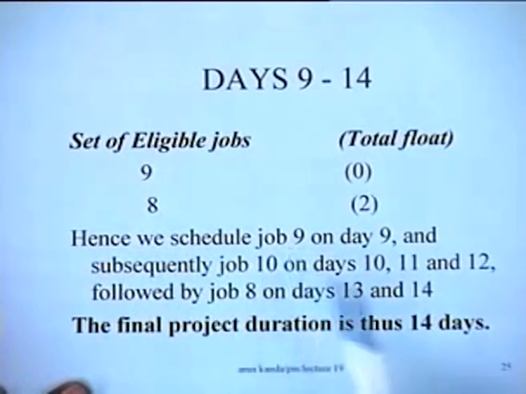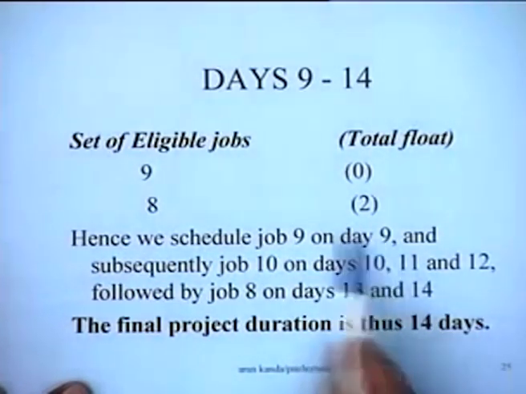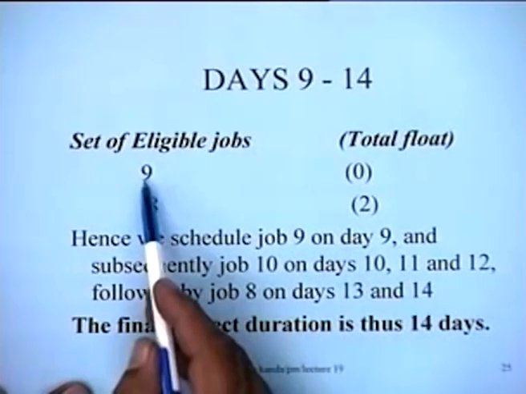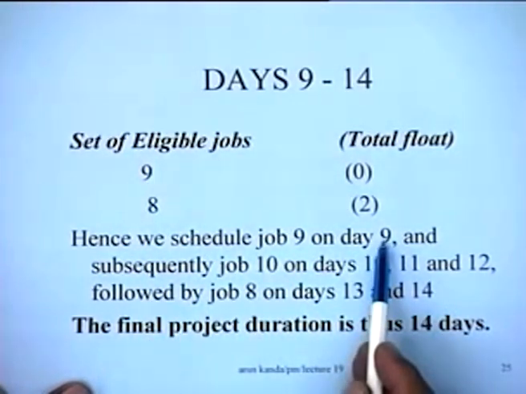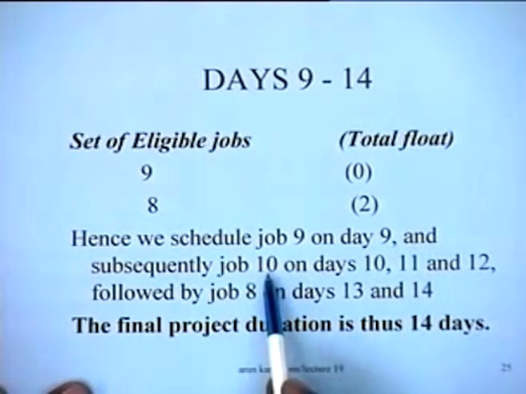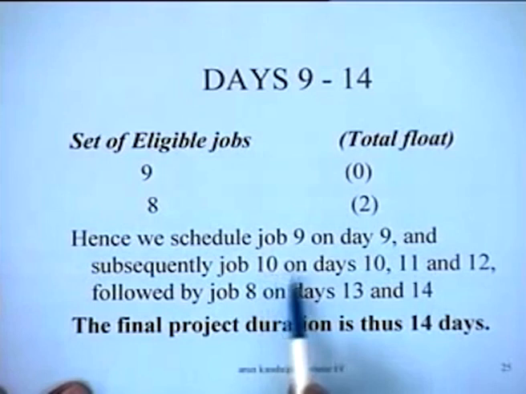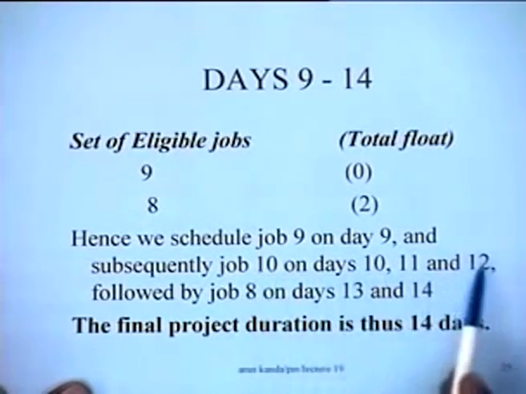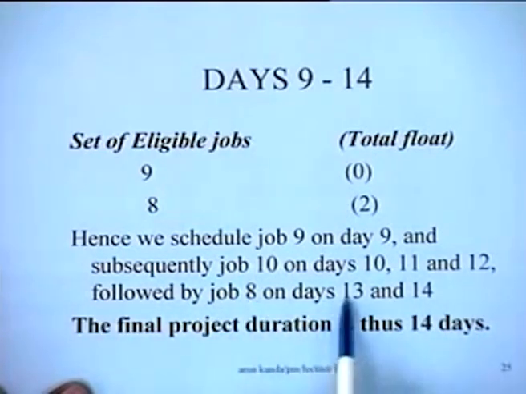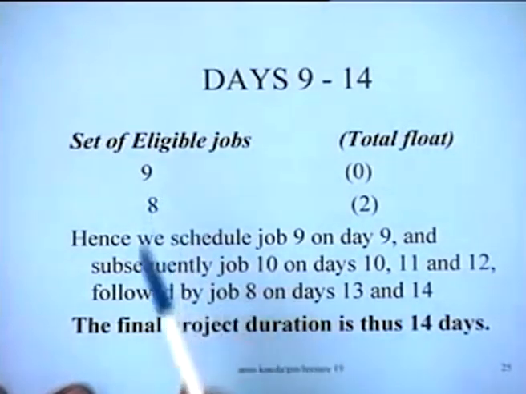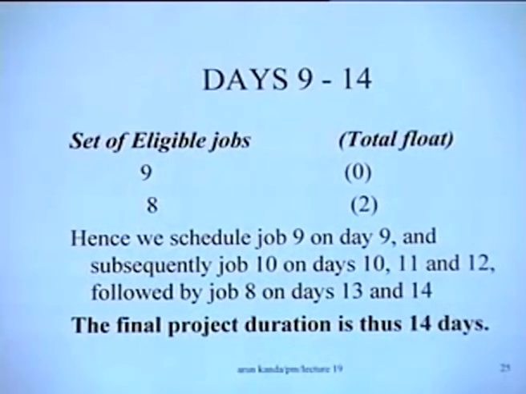So hence we schedule job number 9 on day 9, and subsequently what's going to happen is 9 only takes 1 day, right? 9 is a job which has only a duration of 1 day, and subsequently job number 10 on days 10, 11 and 12, which takes 3 days, followed by job 8 on days 13 and 14, because all these jobs 8, 9 and 10, their resource requirements are such that only one job can be scheduled on a particular day.